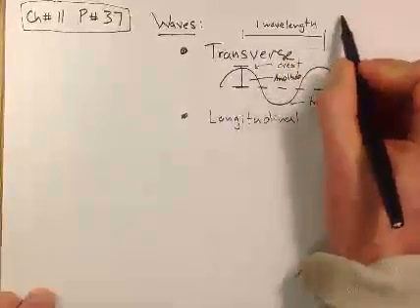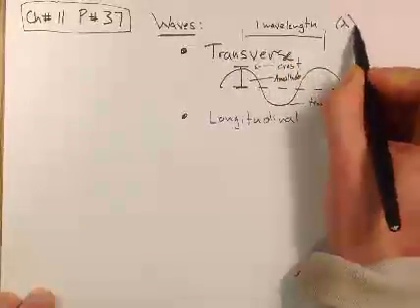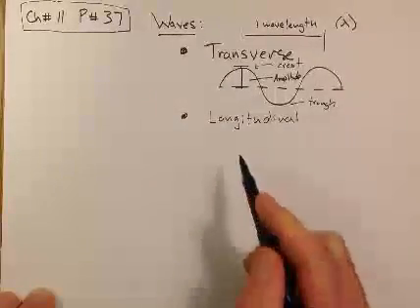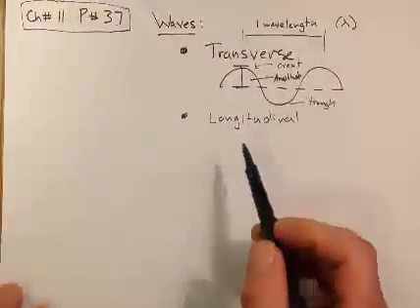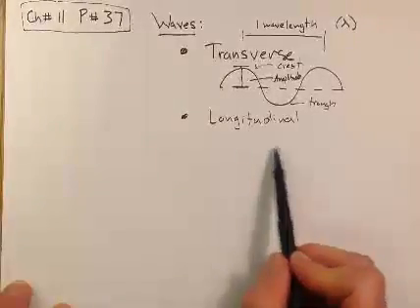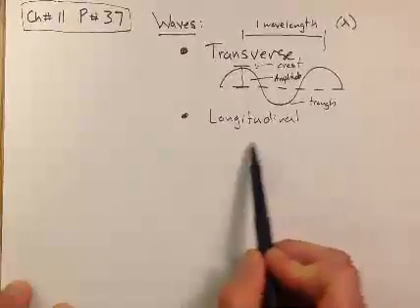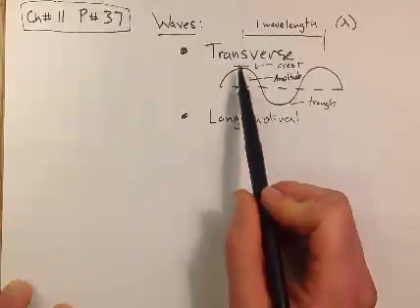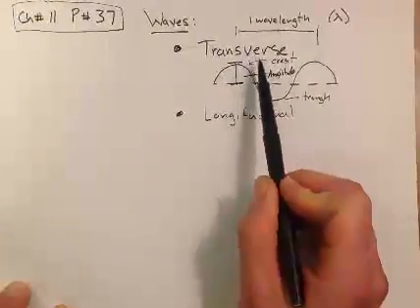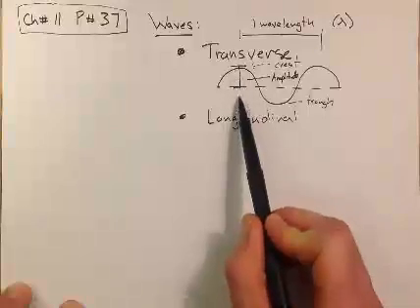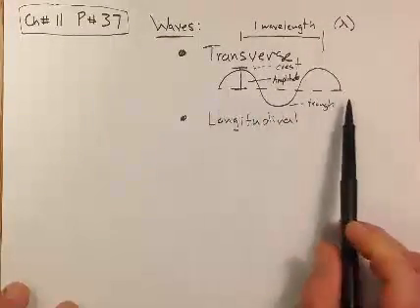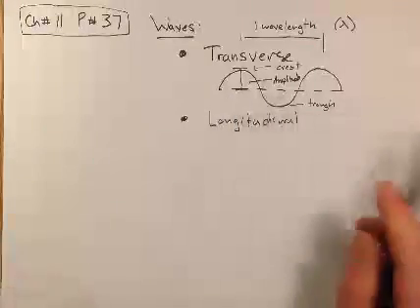In physics we use the Greek letter lambda to represent wavelength. Now longitudinal waves are where the motion is in line with the direction of propagation. Transverse waves are called transverse because the motion of the individual particles is perpendicular to the direction of propagation of the wave, the direction the wave's moving.